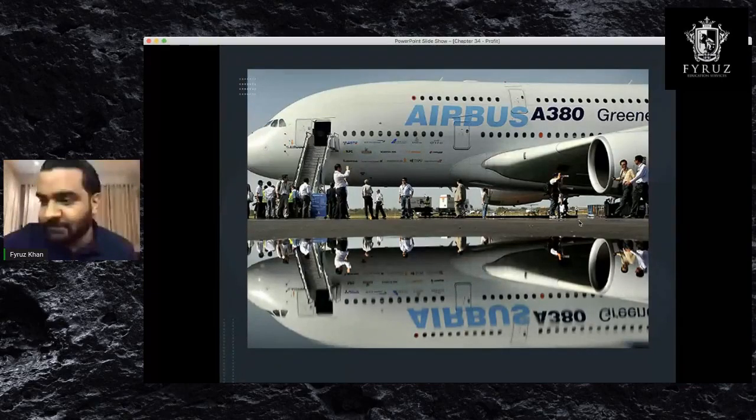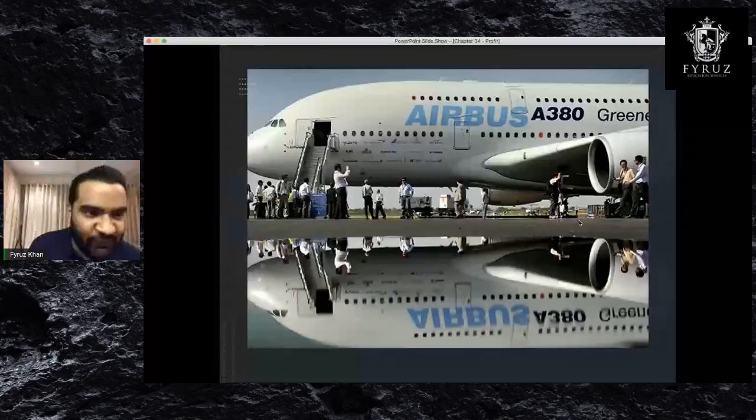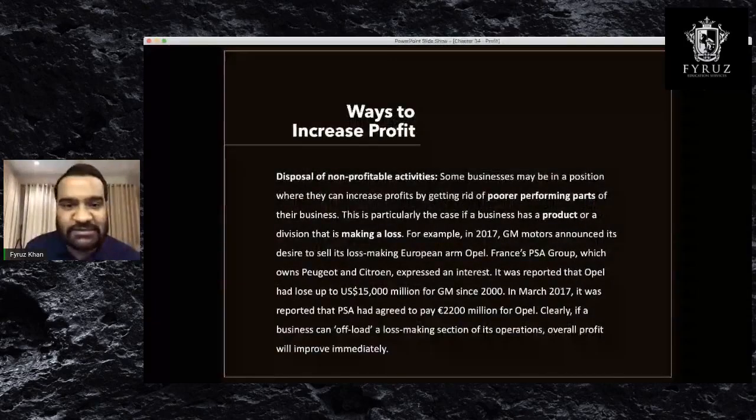So if your company does not make a lot of profit on one kind of product, sell it off, stop it. So that is disposal of non-profitable activities, because you just can't go on making losses. It's impossible, right?